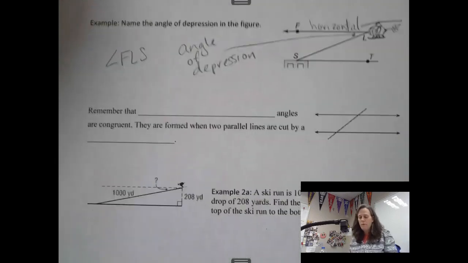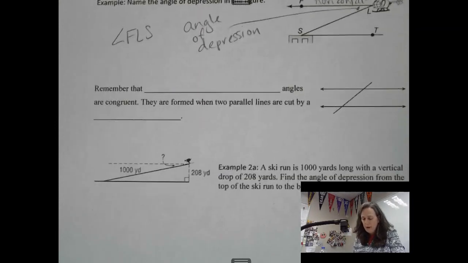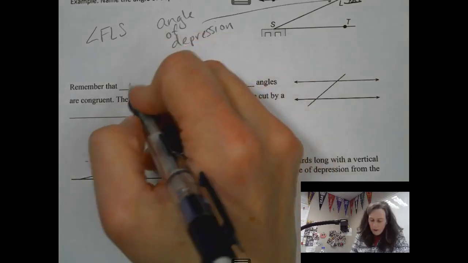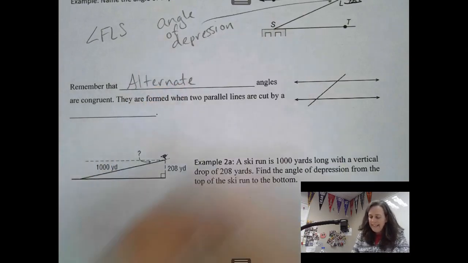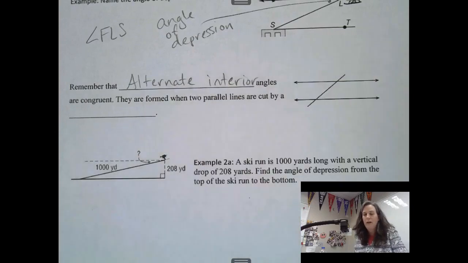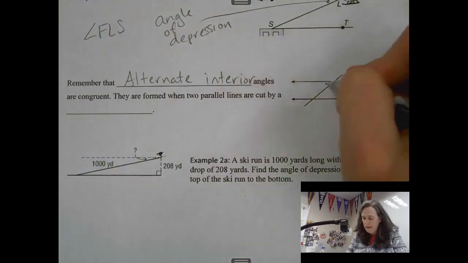And one thing you want to remember from last semester when you work on angle of depression problems is that alternate interior angles are congruent. So I know we're scratching back there quite a ways.